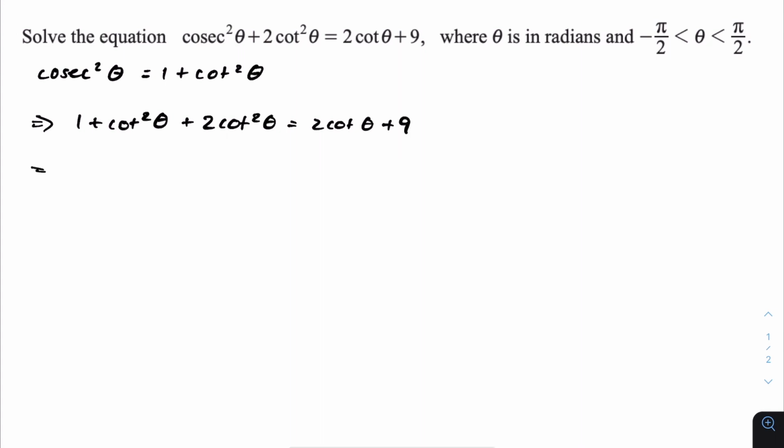And if we rearrange, we get 3 cot squared theta minus 2 cot theta minus 8 is equal to 0. And we can now factor because we have a quadratic. If we want to make it easier to factor, we could just say let x equal cot theta, and then it becomes a much easier quadratic to work with.